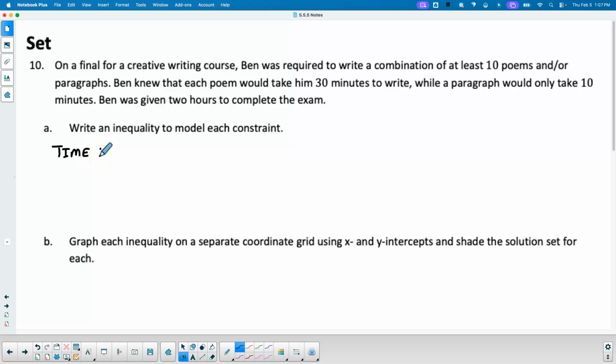Okay, so let's deal with time first. What do we want to use for our variables? X and Y. X is going to be poems. So we should write that down here, that X is poems. That means that Y then is paragraphs.